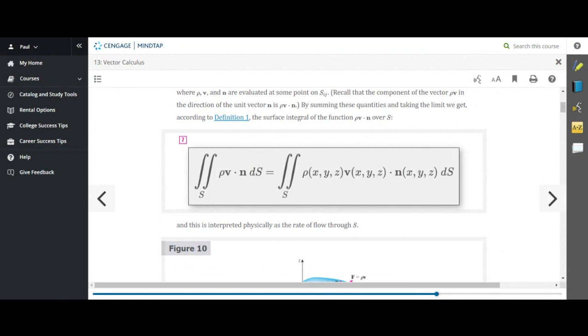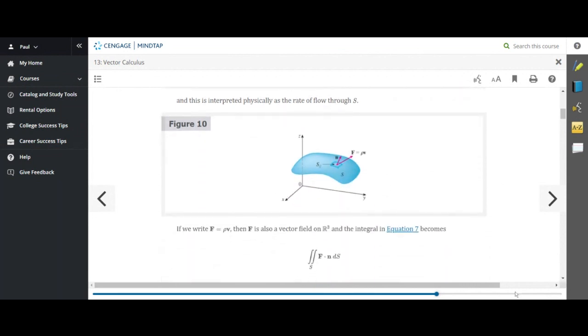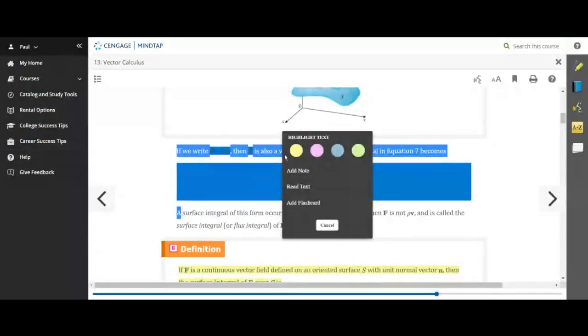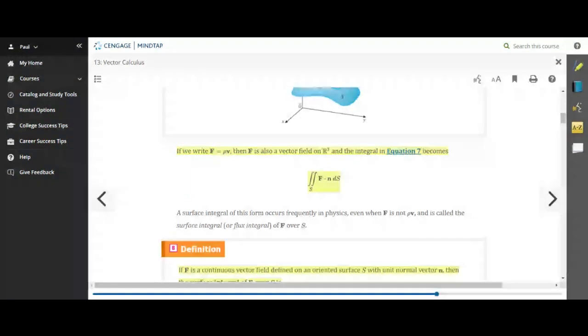Now, if we think of the density times the velocity as your vector field F, which they do here when we started off thinking that in figure 10, with the ijth patch, the normal vector and the vector field on the surface, then equation 7 would become this double integral.